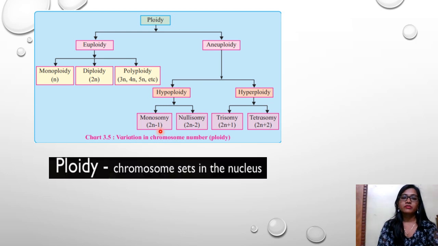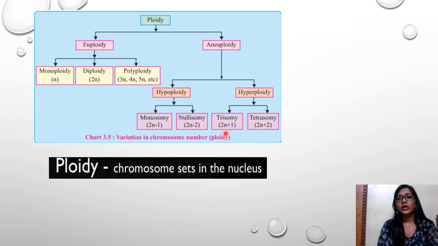One chromosome is less, or two chromosomes are less. If such a condition is there, then that is called hypoploidy. Humans normally have 46 chromosomes per cell, but if a cell has 45 or fewer chromosomes, then that condition is known as hypoploidy.